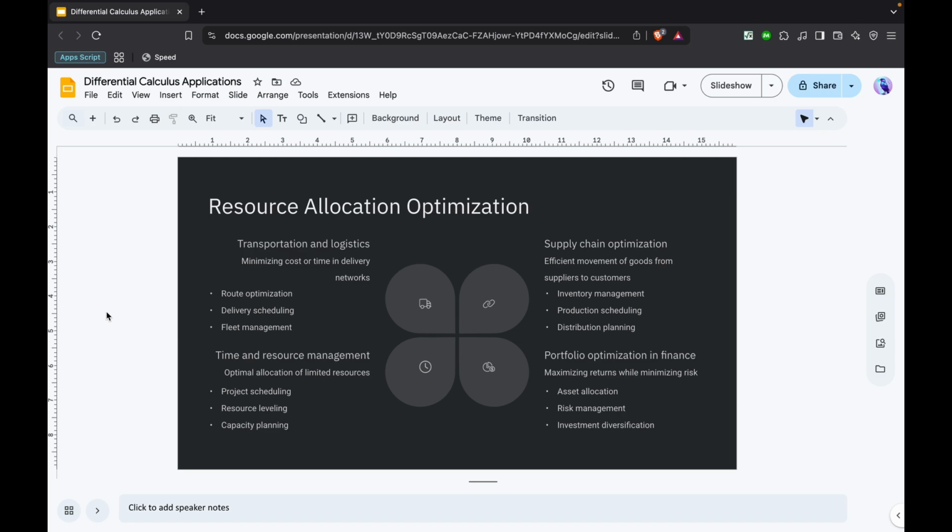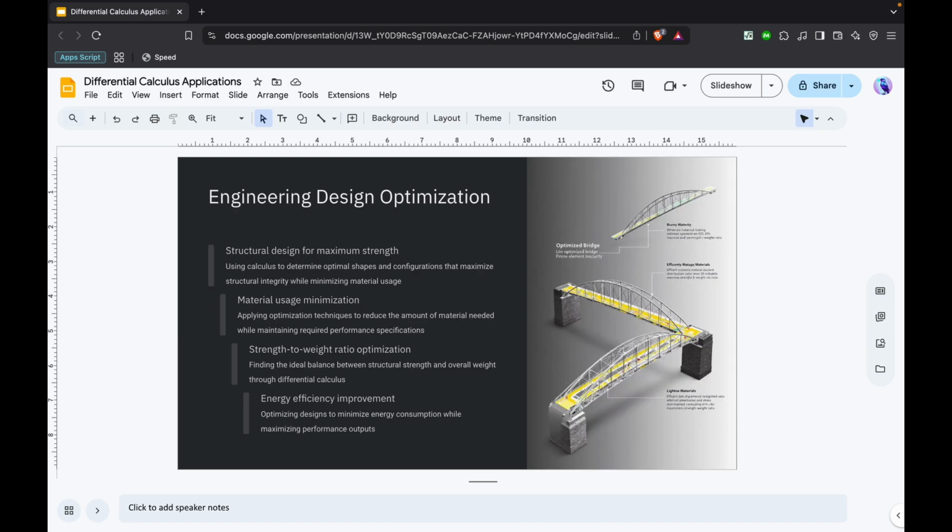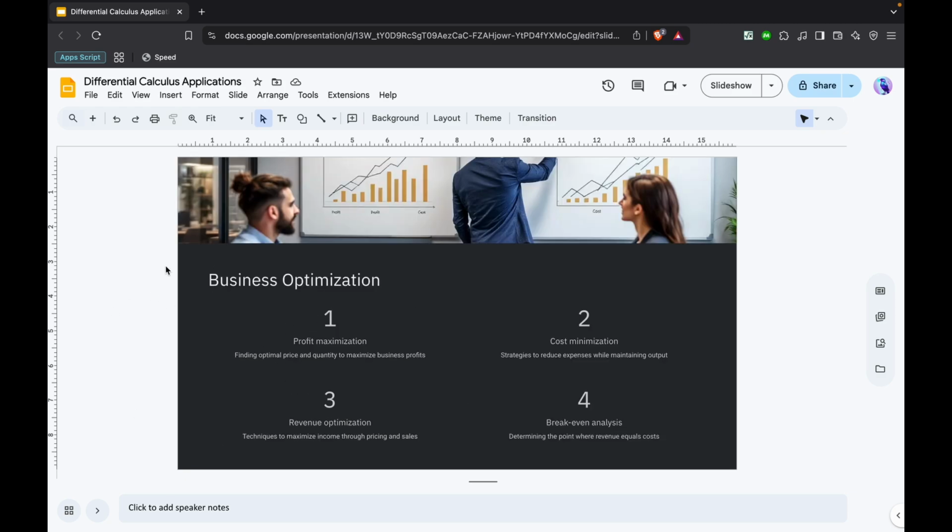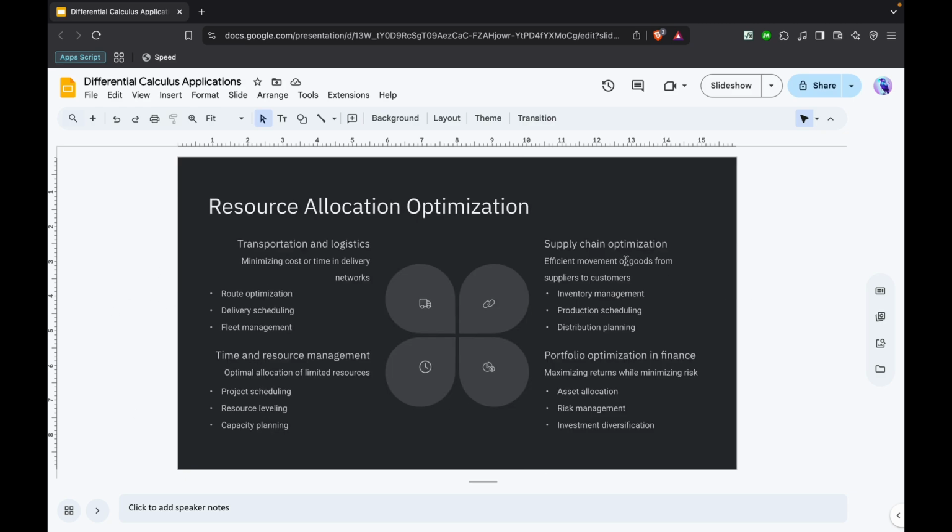The second is supply chain optimization, which is really linked to the business optimization. Not just these four, but yes, this is actually very important also. The third one it says is portfolio optimization in finance. Now for this, the resource we're talking about is our capital or cash.